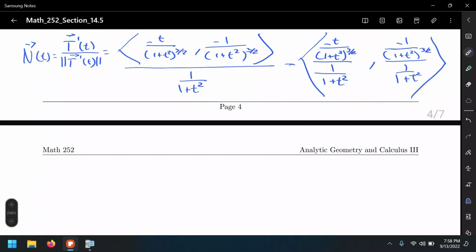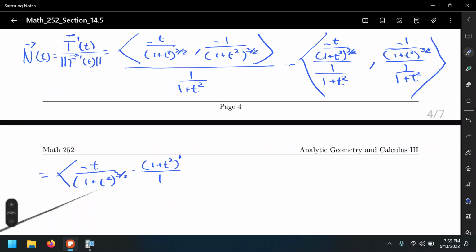All right. So this is the same as saying negative t over 1 plus t squared to the 3 halves, times 1 plus t squared over 1, raised to the first power. I'm doing that for a reason.